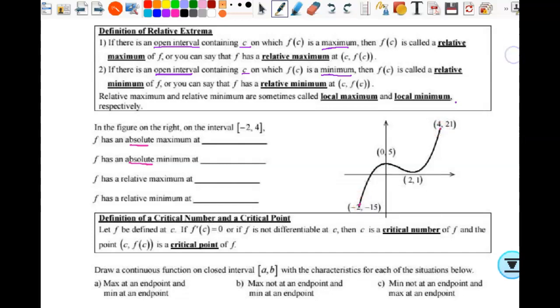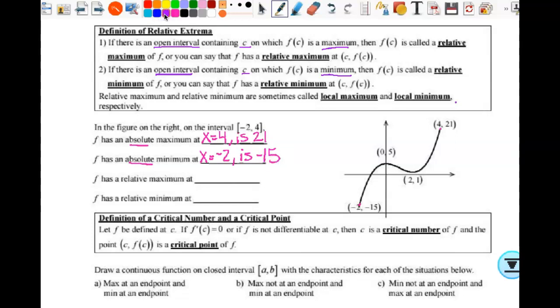So the absolute maximum value, it says f has an absolute maximum at, that's the location, x equals 4, but the value is 21. Okay, so the maximum value is 21, it is at x equals 4. Make sure that we're saying those things correctly. Absolute minimum at x equals -2, and it is -15.